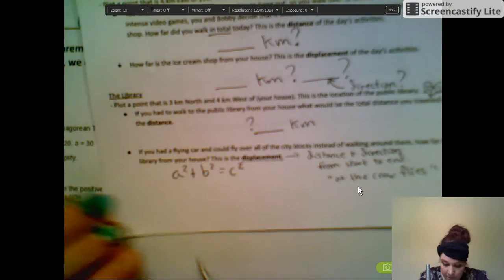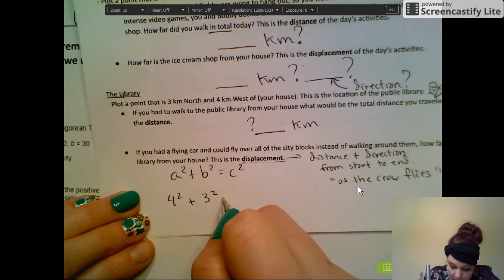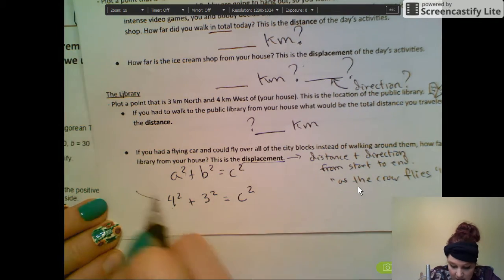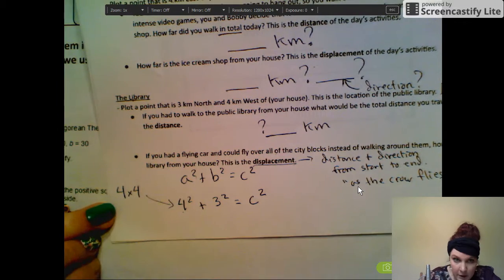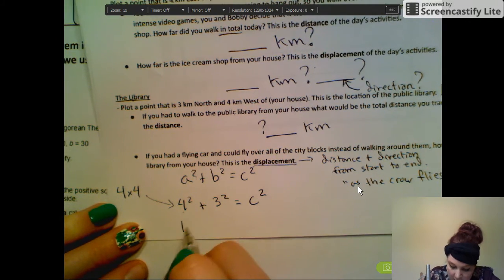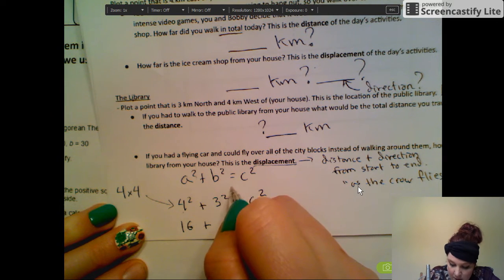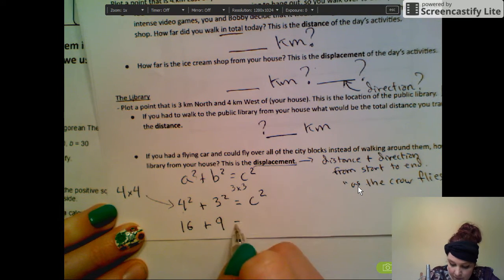It doesn't matter which order. So I'm going to do 4 squared plus 3 squared equals c squared. When we square a number, just as a reminder, that means 4 times 4. So 4 times 4 is 16. When we square 3, that's 3 times 3, so 3 times 3 is 9 equals c squared.